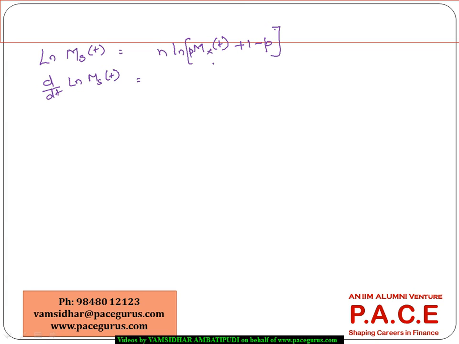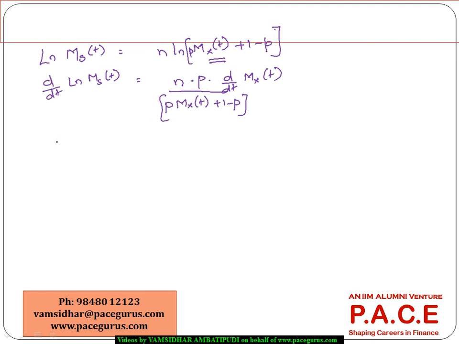So this is my variable. So it becomes n by p mxt plus 1 minus p, and the derivative of the inside stuff is nothing but p times d by dt mxt, right?